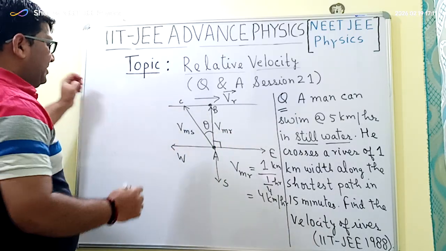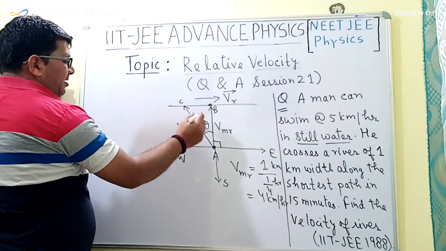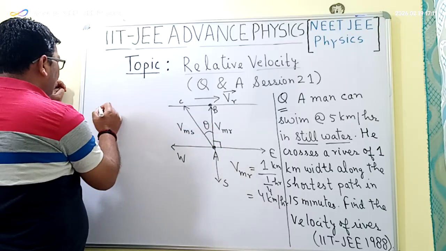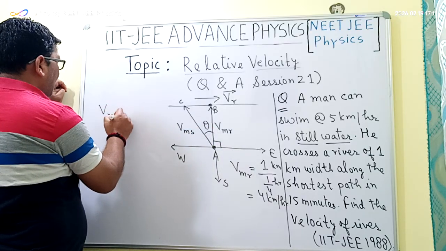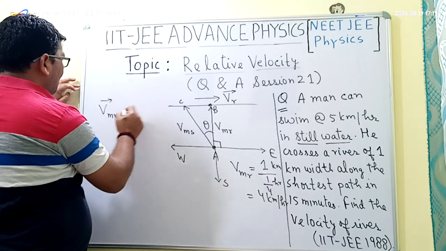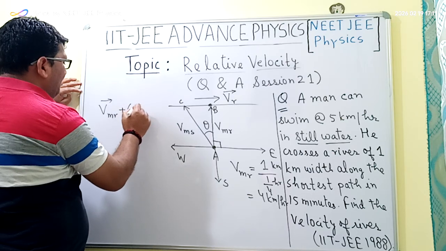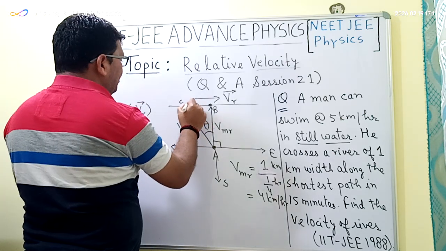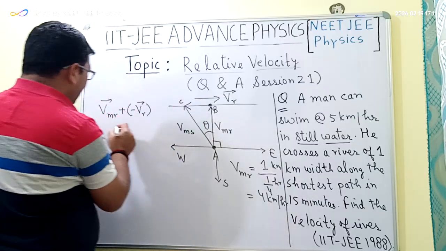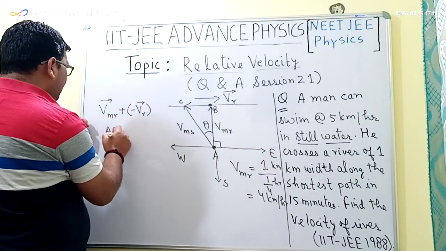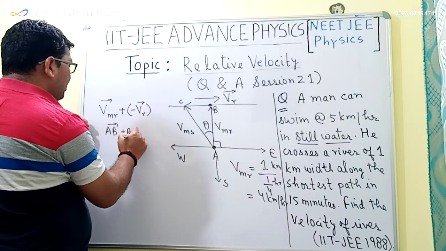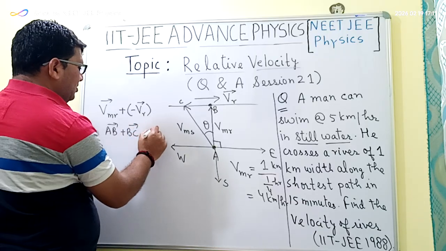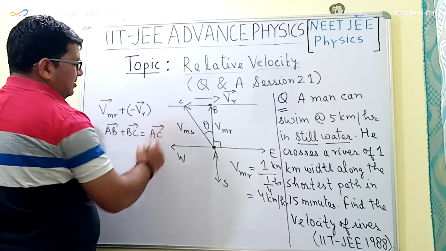So from this vector triangle, I can write that VMR minus VR, that is vector AB plus vector BC is equal to vector AC.